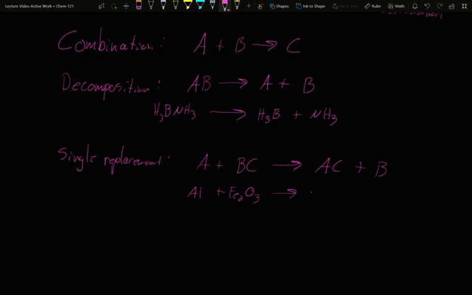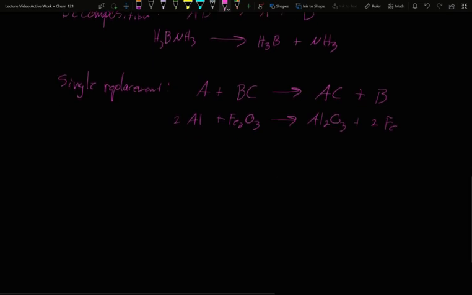What you became was you swapped those oxygens around. You became, if we balance it, Al2O3 and iron. So that thermite reaction, the rust and aluminum, that was a redox reaction, is also a single replacement reaction. It happens to be doing both.